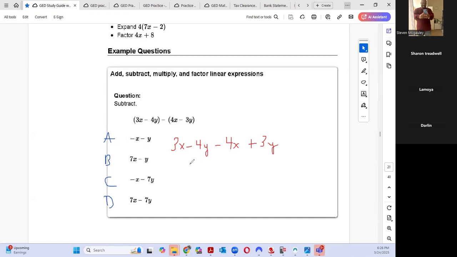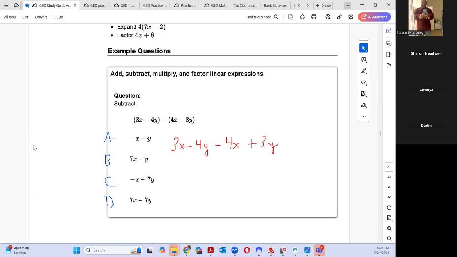Usually if it's a plus, you don't change the sign, so there's nothing for you to do. But when that minus is on the outside of the parentheses, you change the sign of everything inside the parentheses. So now you have like terms.